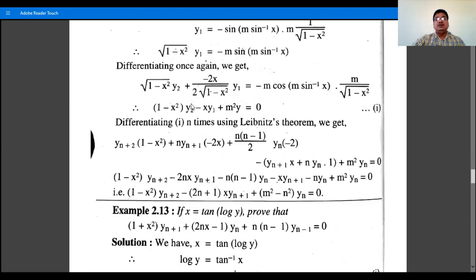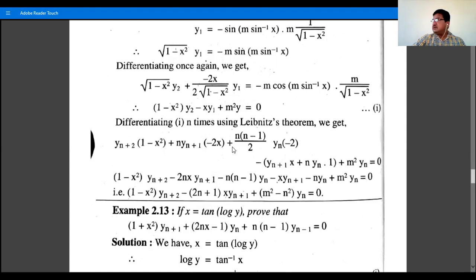So what is the first term? nC0, that is 1, un, that is the nth order derivative of y2, which is y(n+2), into v as it is, plus the next term nC1, its value is n, u(n-1), that is the derivative of order n minus 1 of y2, that is 2 plus n minus 1, that is n plus 1, y(n+1), into v1, which means the derivative of 1 minus x square, which is minus 2x.